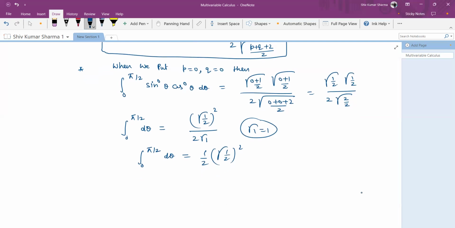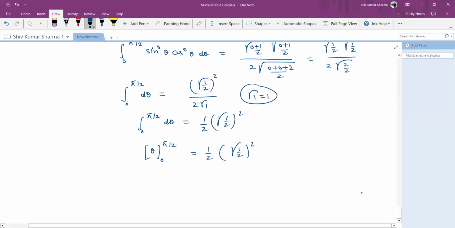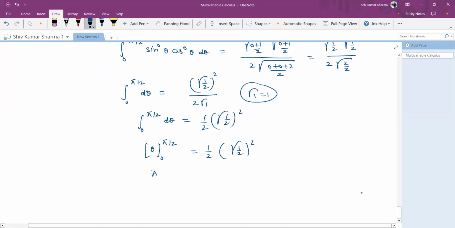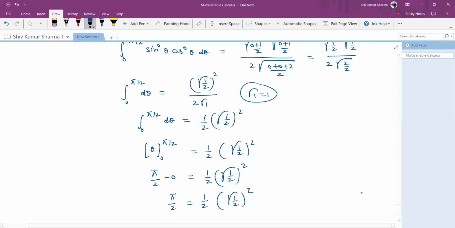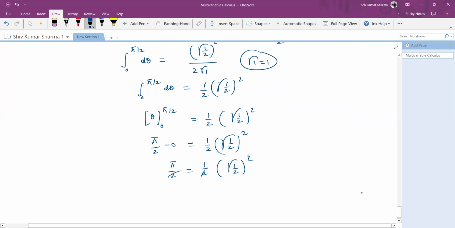Now we evaluate this integral. This gives us theta, applying the limit 0 to pi by 2, equal to 1 by 2 into gamma 1 by 2 to the whole square. So pi by 2 minus 0 is equal to 1 by 2 gamma 1 by 2 to the whole square. The 2 and 2 cancel.